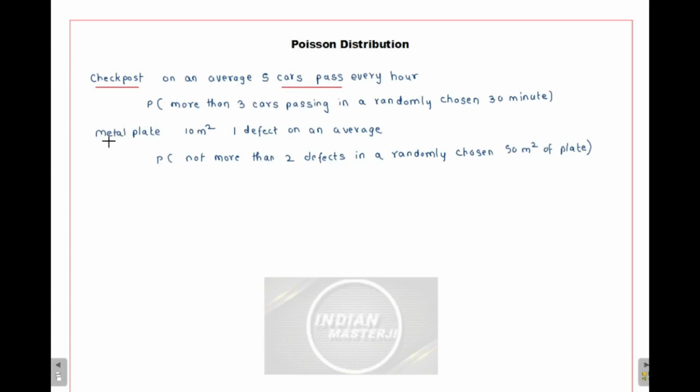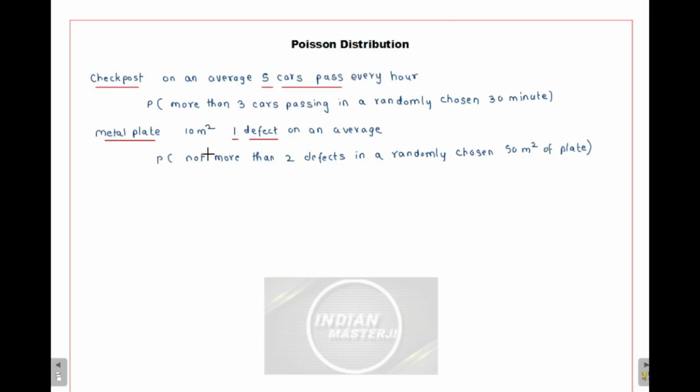Similarly, there is a metal plate, and through this metal plate we are talking about the defect. That's an event. Then we talk about the number of occurrences of that event, like 5 cars passing, or one defect.